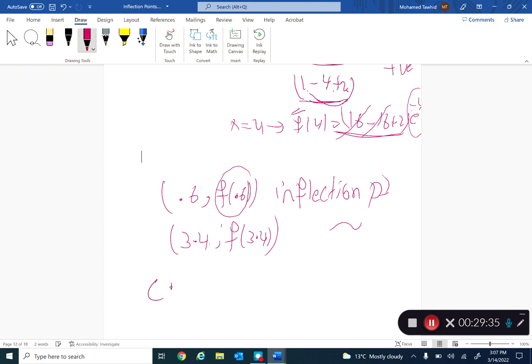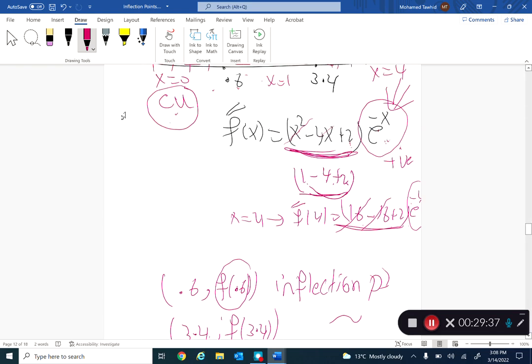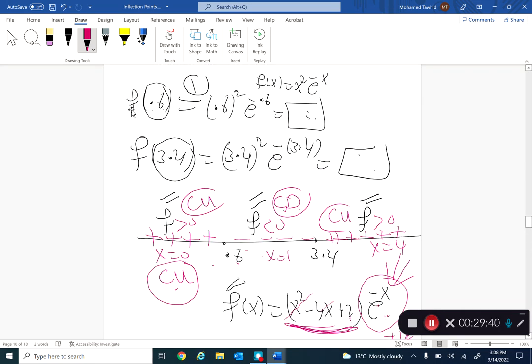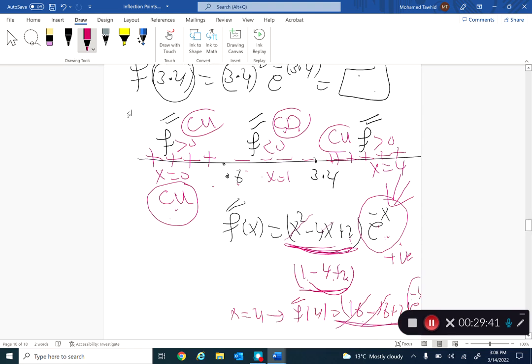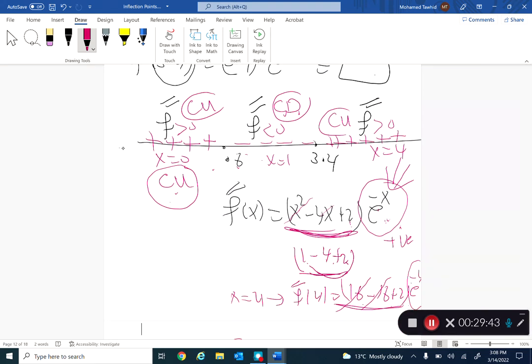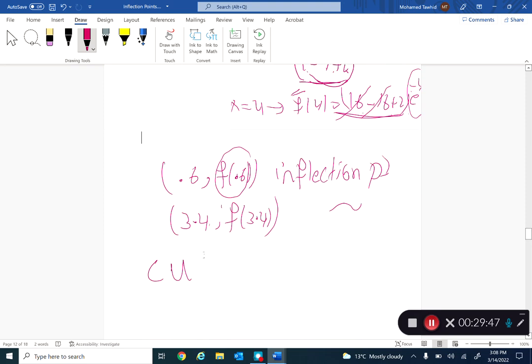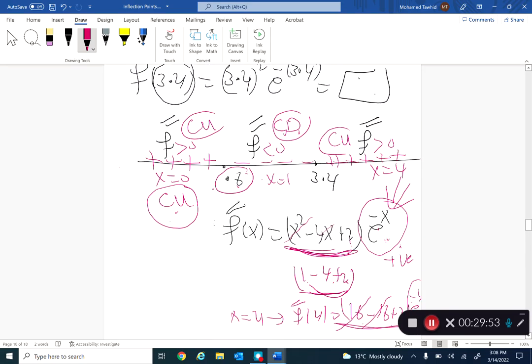So now, in order to finish, I need to find where the graph is concave up and where the graph is concave down. Concave up: start the domain from minus infinity to 0.6. So minus infinity to 0.6. What is the second interval where it is concave up? Look what you have: 3.4 to plus infinity.